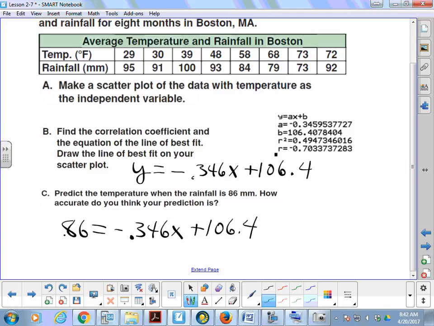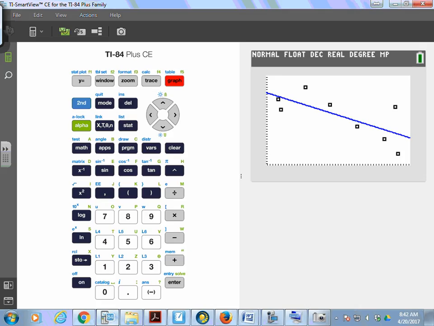So if I go back to my graph, get to the line, so trace. I go trace and get on the line. It says I'm on the line here, not the plot, but on the line. And I can just trace until I'm as close as I can get to 88. So when x is 53, y is 88.